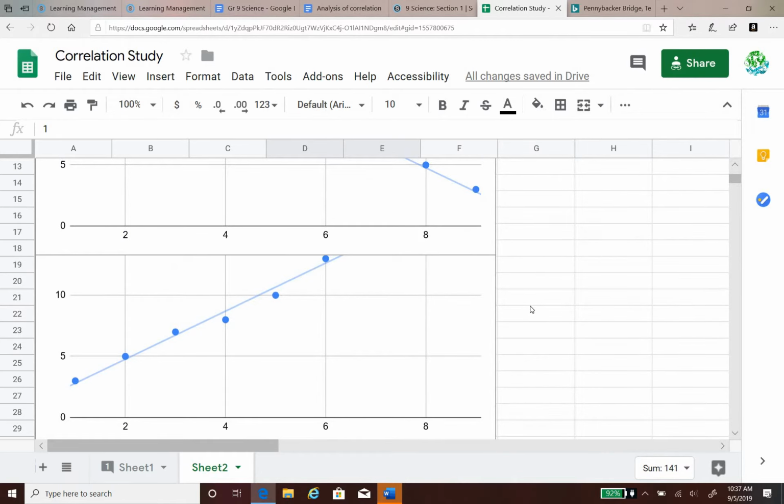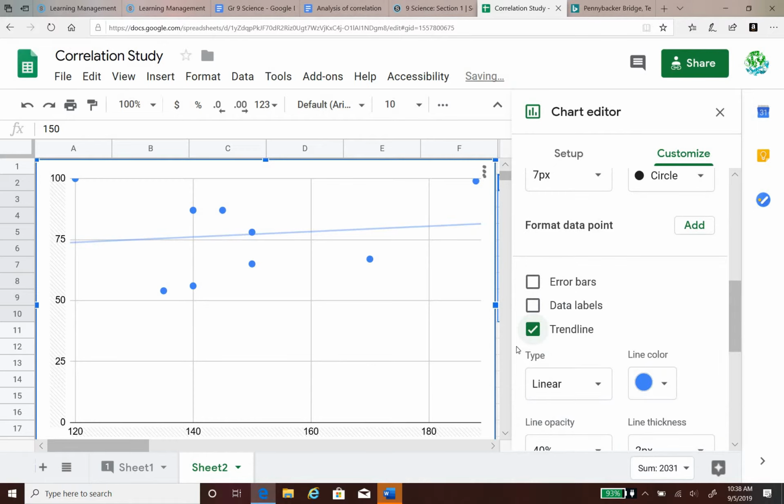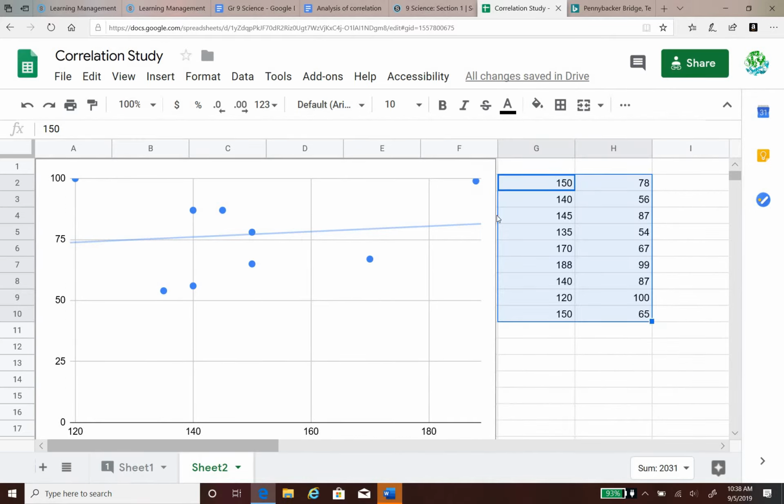Now, I could probably get a trend line, but it looks like a little ramp. This is an example of probably a very weak correlation. Maybe there is a correlation, but what's different? If I look at this graph and compare it to the other two, let's move it over.